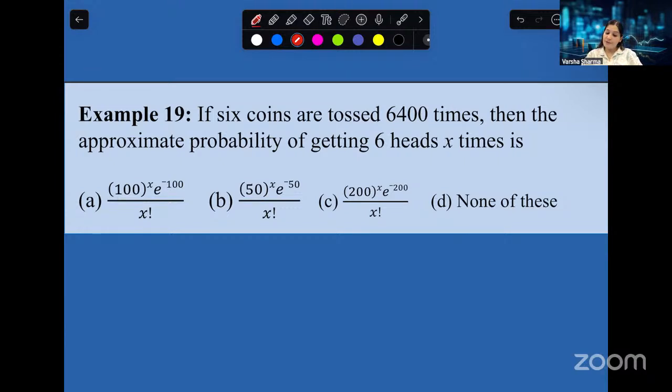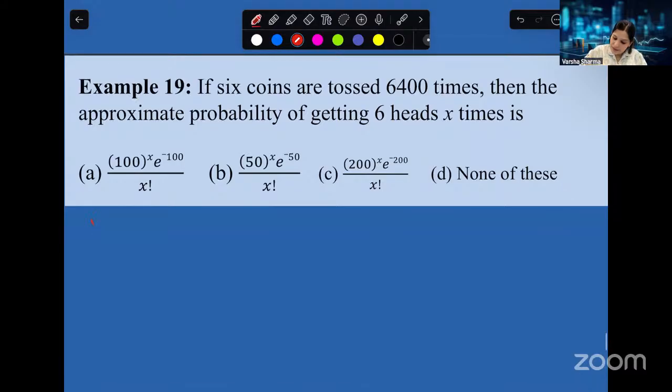Then the approximate probability of getting 6 heads x times. We did the same sum in binomial. First we will find it for one time. For one time, n is 6, we toss 6 times. What do we want? Heads. The probability of head is half, tails also half. We need 6 heads, so P of 6 is needed.